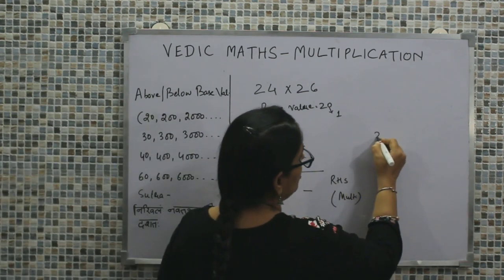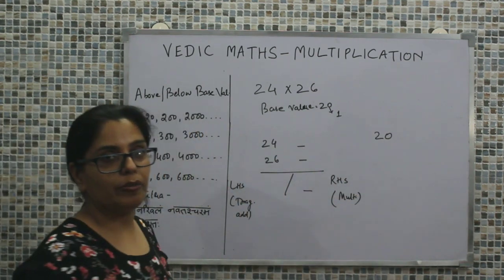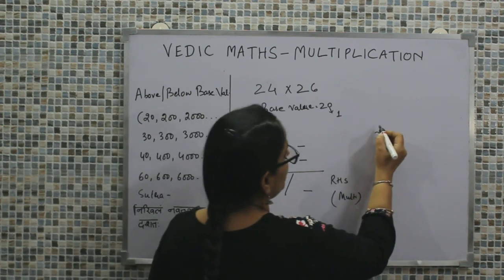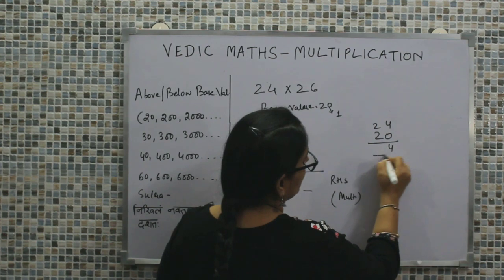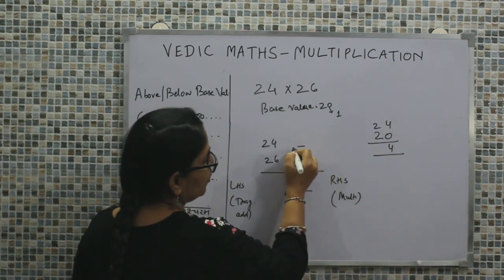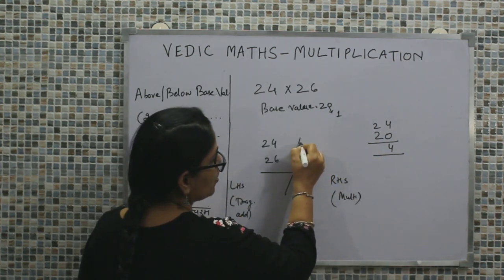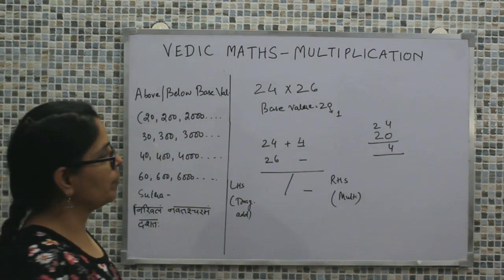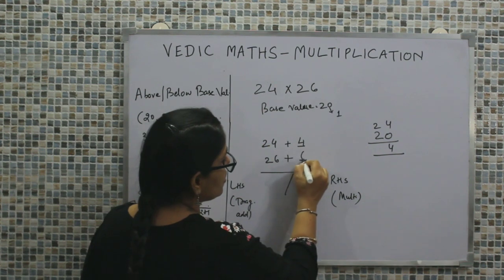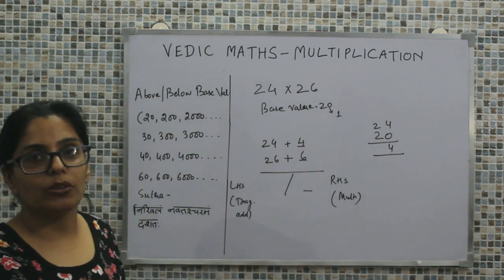Here we have taken the base value as 20. Now we would be subtracting 24 minus 20, that is 4. Because the number of places here is only 1, this is 4 more than the base value. And this is 6 more than the base value.